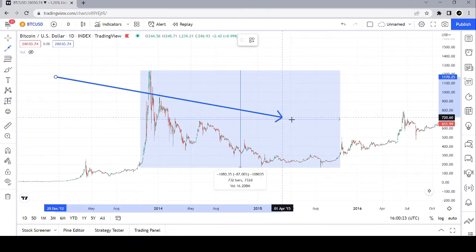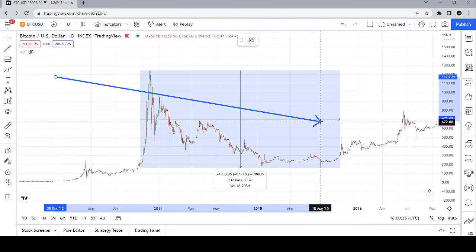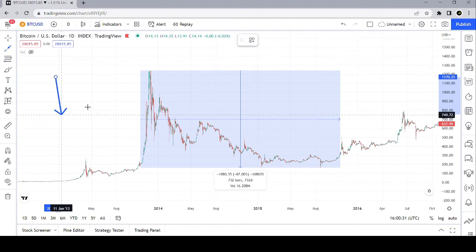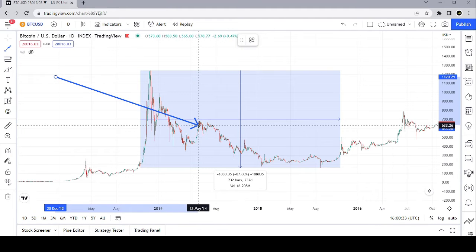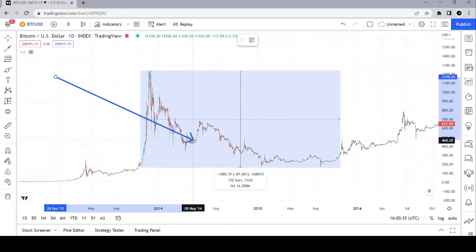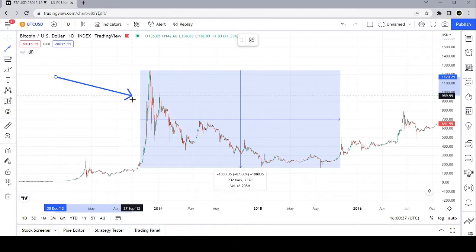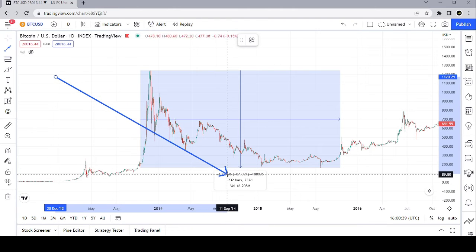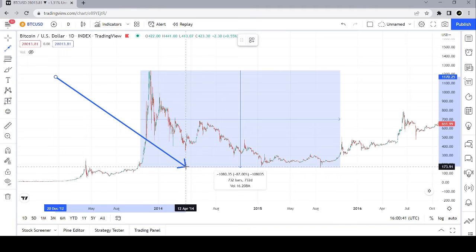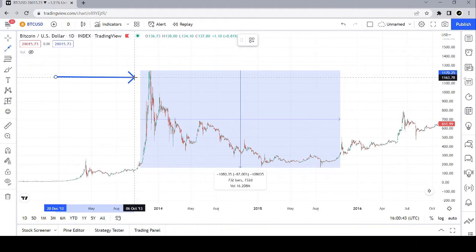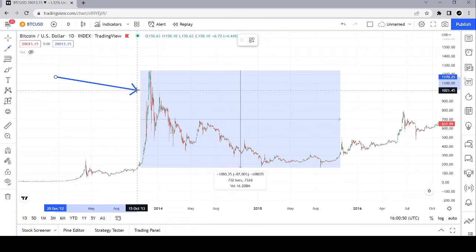The decline started, and the end of that bounce took place in August 2015. So this took a while to complete. There's a lot more definition to this fractal. And the decline I measure at an 87% drop. So that's a pretty decent one. Again, not as extensive as the 93. So this one's in the middle.